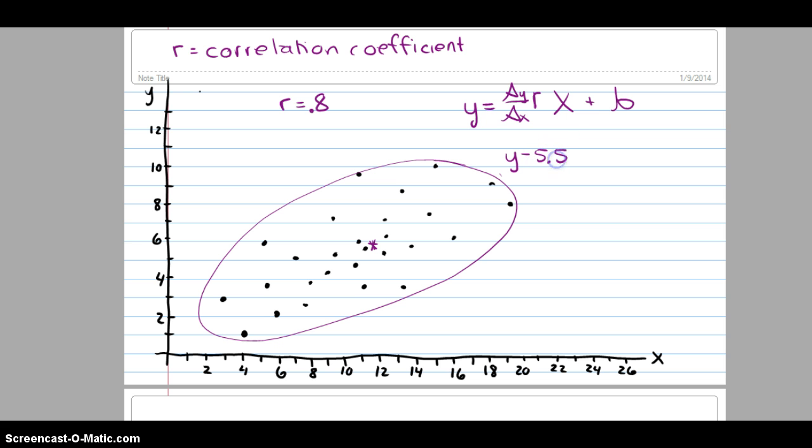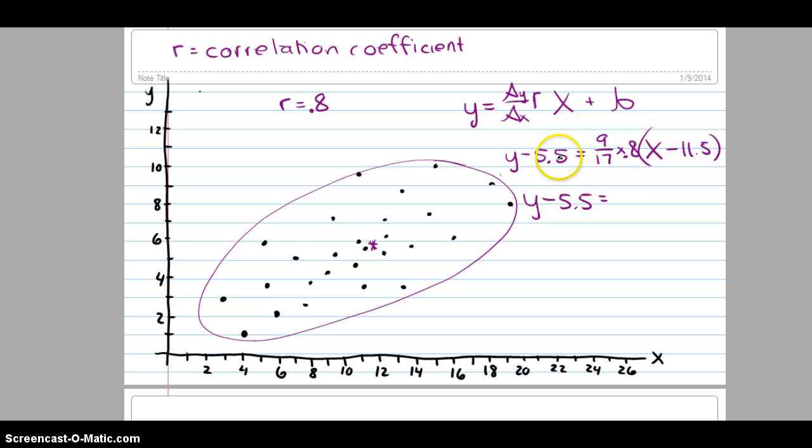So it goes through y coordinate 5.5. Now, the standard deviation of y over the standard deviation of x times r times x, that's going to be 9/17 times 0.8. And then x minus the x coordinate of the point we know, the point of averages. So I have y minus 5.5.